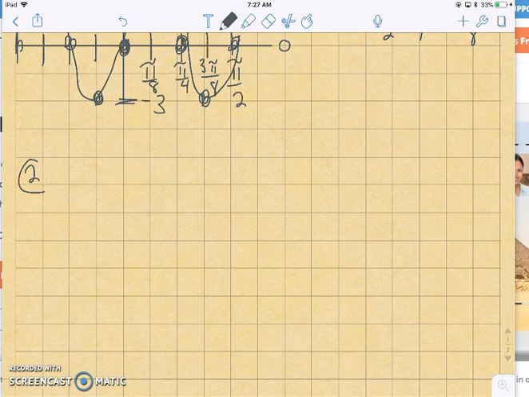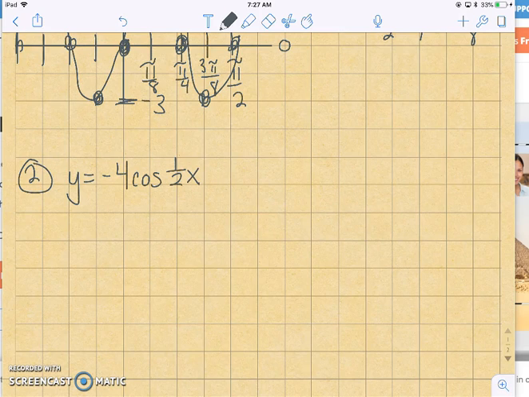Let's take a look at another one: y equals negative 4 cosine of 1/2 x. If we identify everything, our amplitude is 4. You'll notice it's a negative 4, but we know that negative is a reflection. Our period would be 2 pi divided by half.